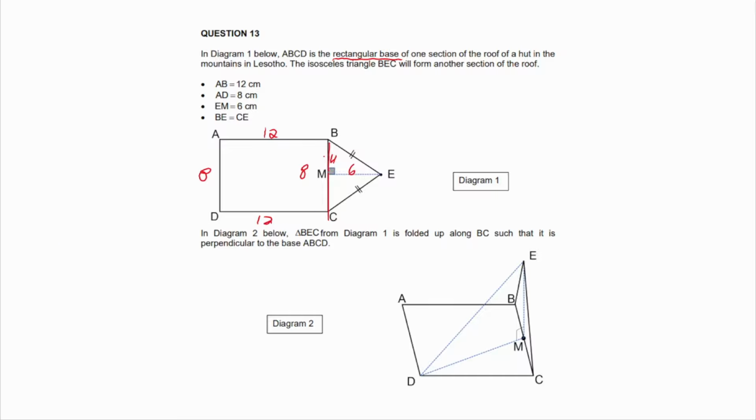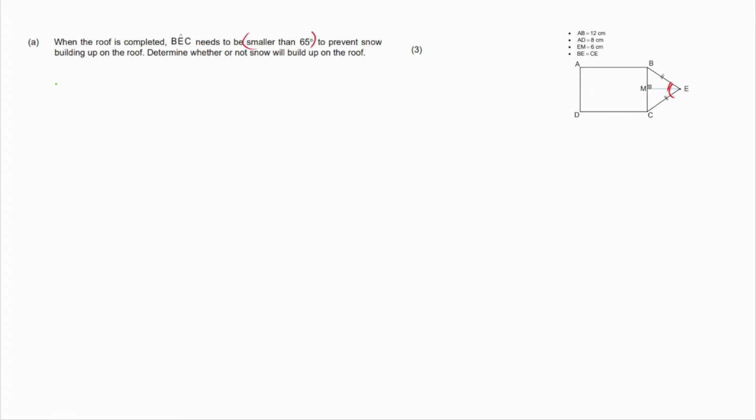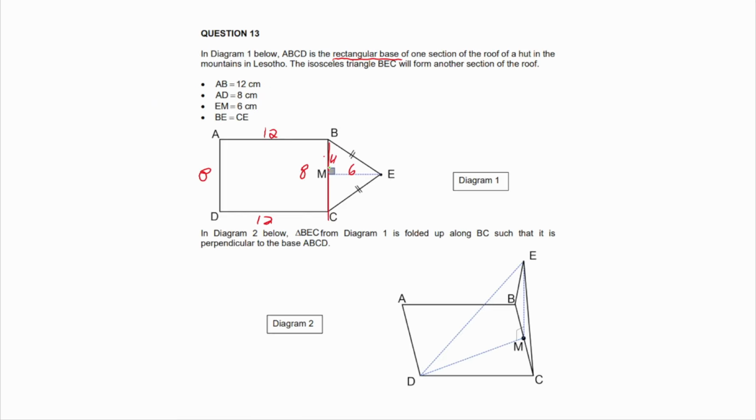I see the memo doesn't actually require you to go through all the steps, but essentially what we need to be saying is triangle BEM is congruent to triangle, now we need to be careful, CEM, and the reason there is right angle, hypotenuse, side, because they both have 90 degrees.